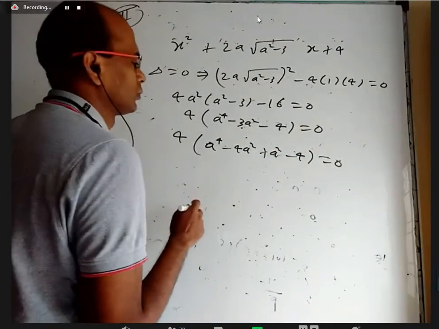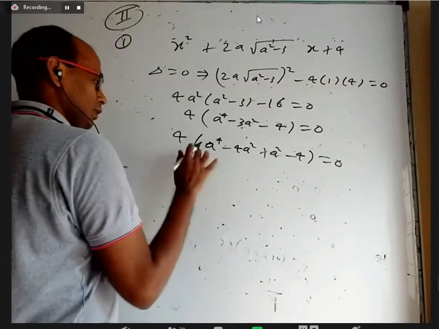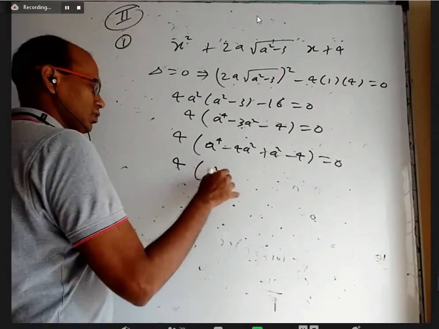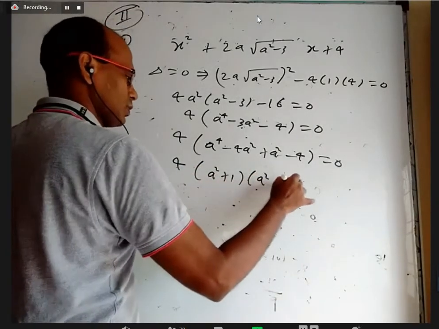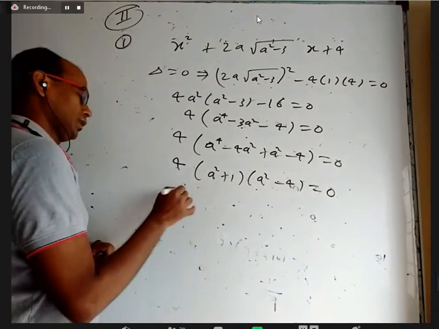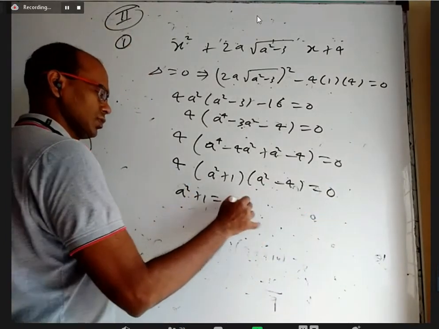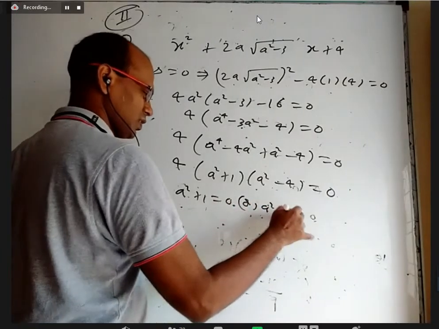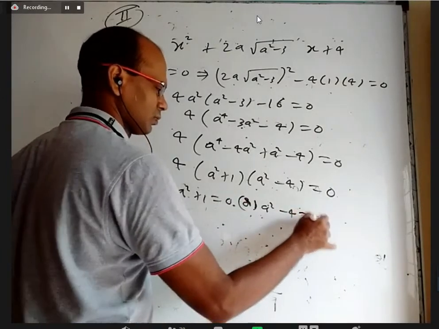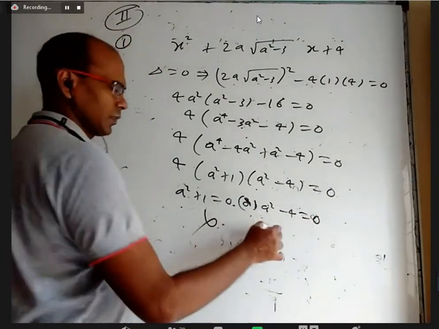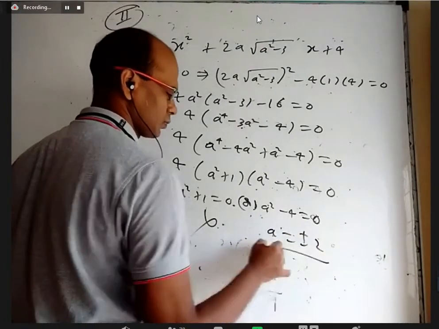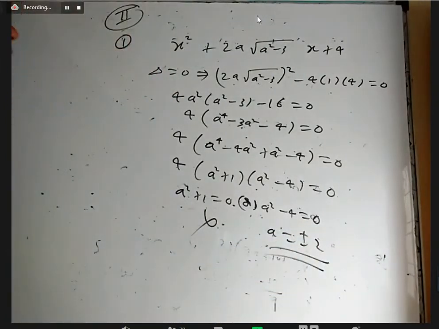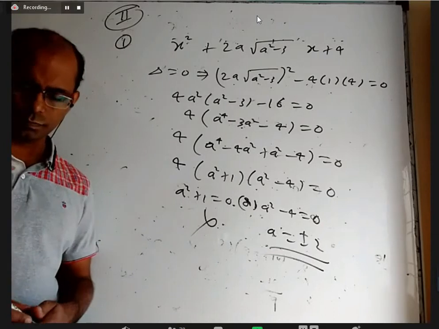So (a square plus 1) into (a square minus 4) equal to 0. a square plus 1 equal to 0 or a square minus 4 equal to 0. This is not okay. From this we get a equals plus or minus 2. That's it, nothing great here.